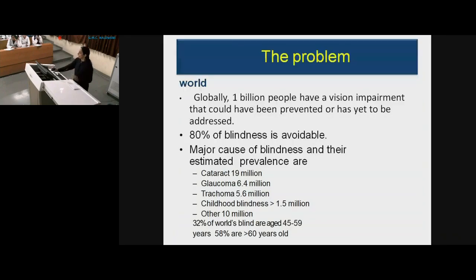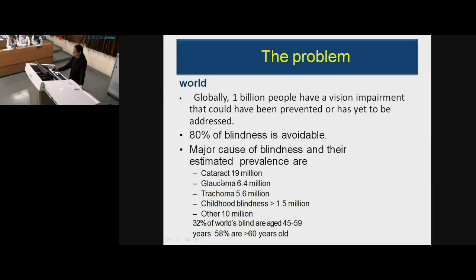Problem statement: globally we have 1 billion people with vision impairment, and this is preventable blindness. The question has been asked last time: enumerate the causes of avoidable blindness. Okay, that was a full question in your senior batch. So 80% of blindness is avoidable, and major causes of blindness and their estimated prevalence are: number one, the maximum is cataract.